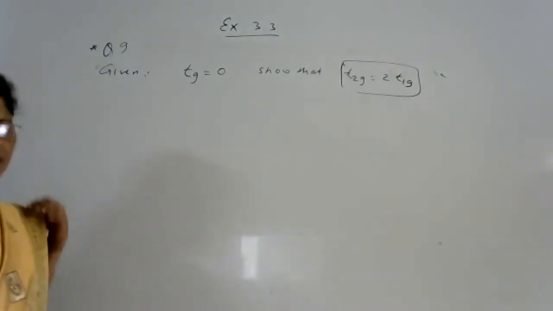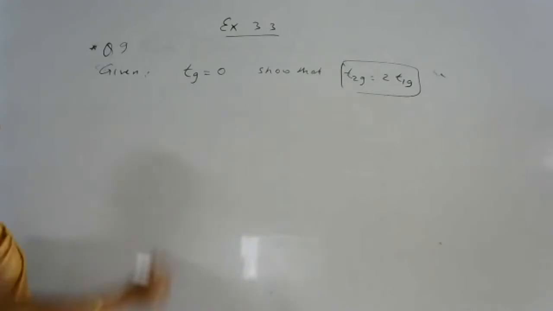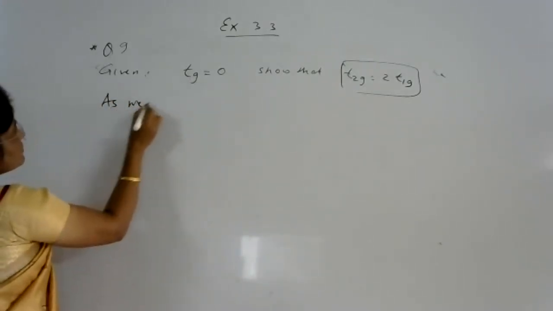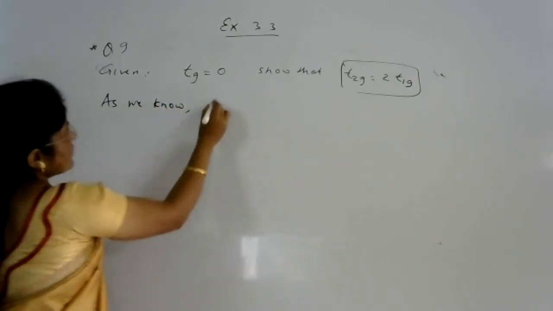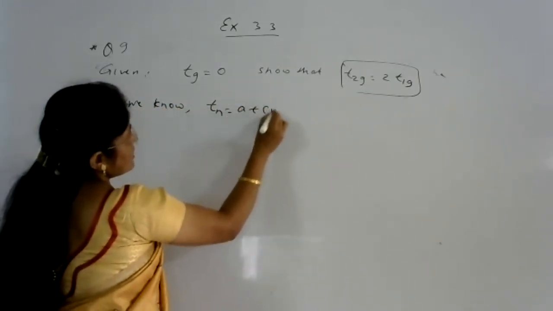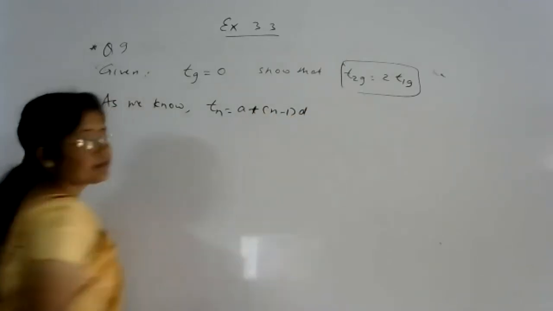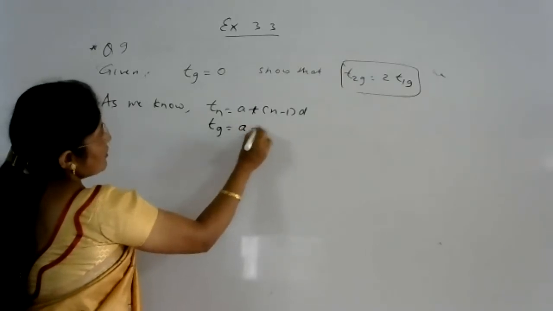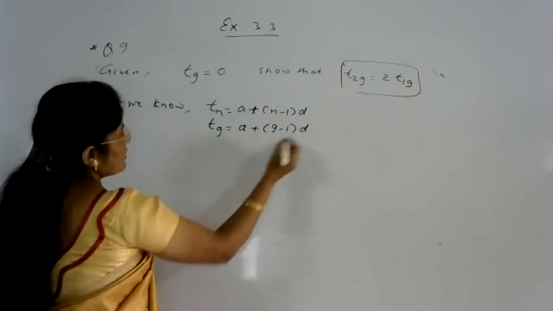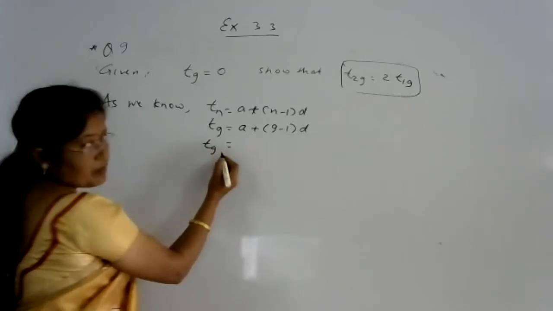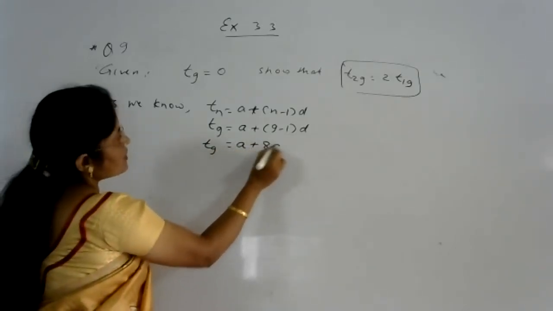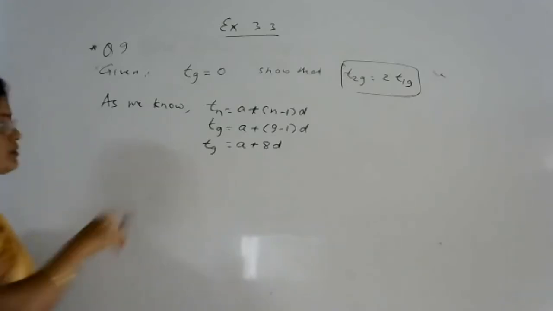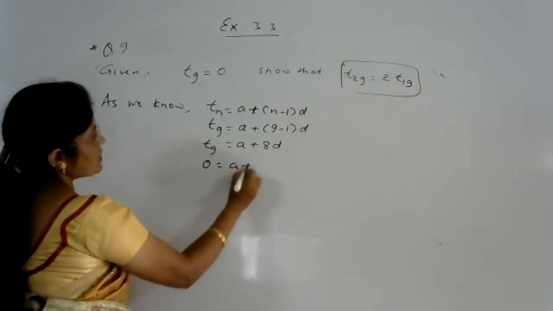Nothing else is given here. So, as we know the formula, since the 9th term is given as 0, Tn is equal to A plus n minus 1 into D. Just put n is equal to 9 here: A plus 9 minus 1 into D. You will get T9, the 9th term, equal to A plus 8D. So the 9th term is 0, so 0 is equal to A plus 8D.